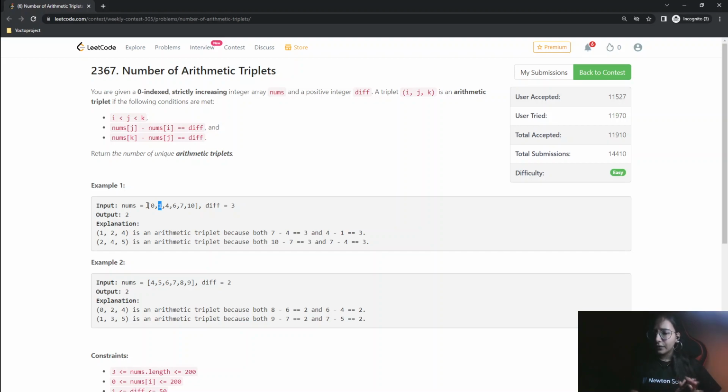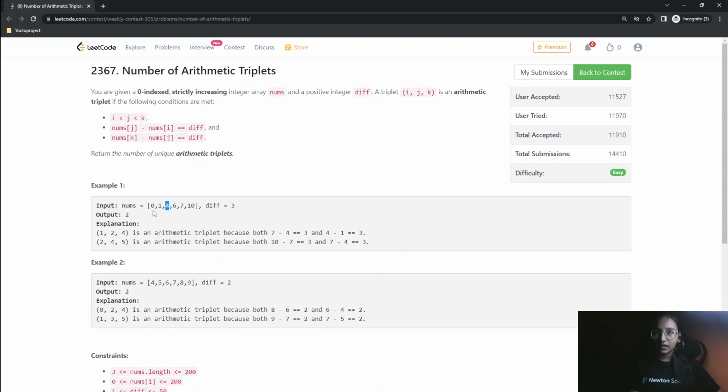If we take the difference of both, we get only 3. But that is not what we want here, because when we subtract 1 and 0, we get 1. So we need to move ahead with our second loop and check what we get for 4 and 0. It will be 4. Then like this we will check for all others, but we won't be able to get the difference.